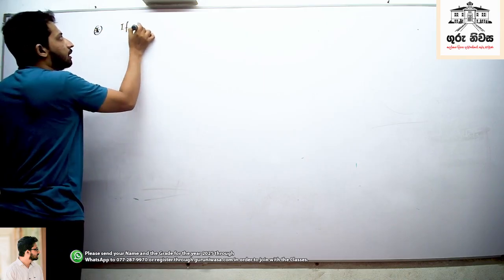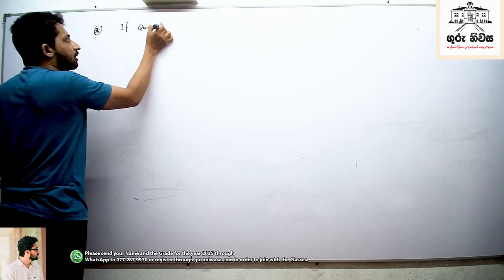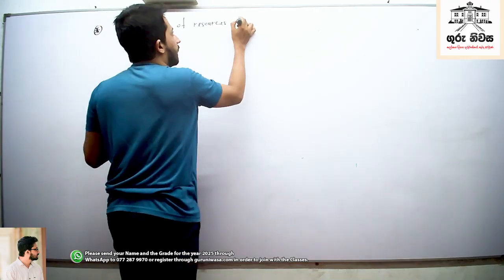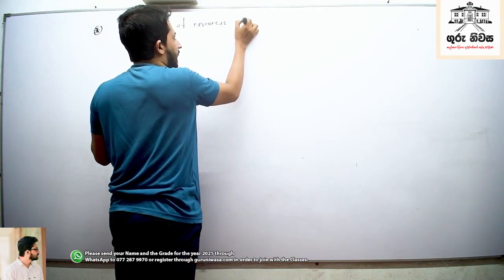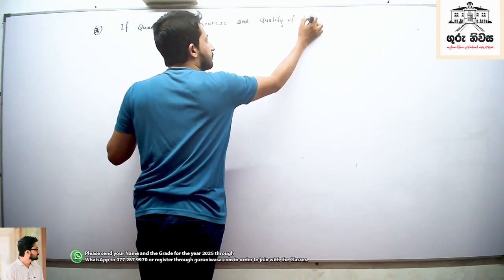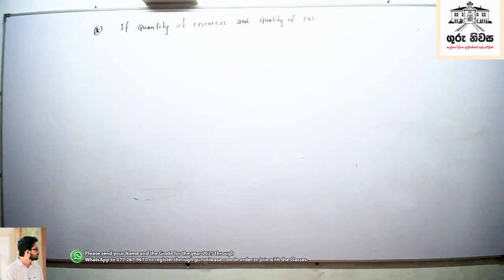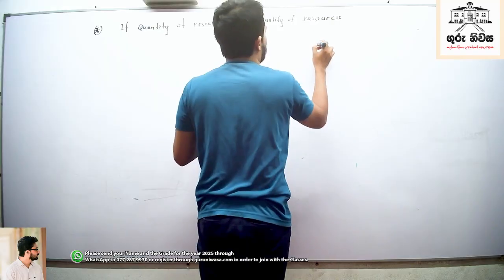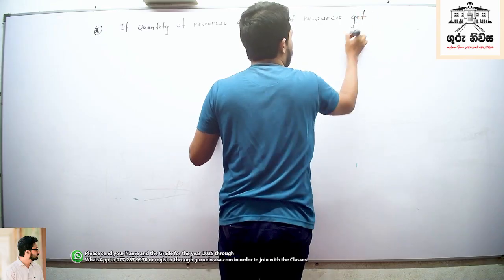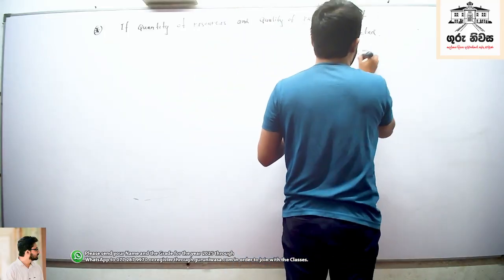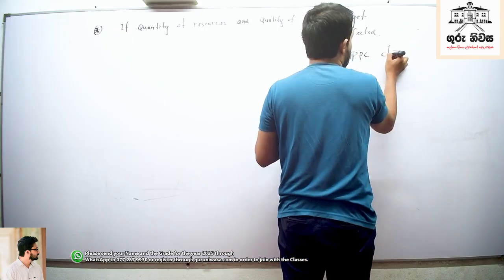If quantity of resources and quality of resources, one of them or both of them, get affected, the PPC curve shifts.